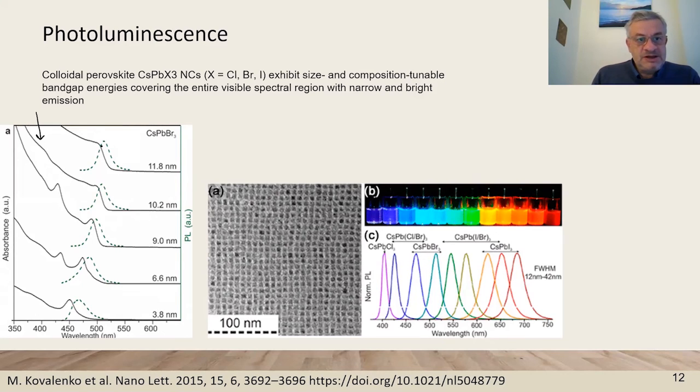By the quantization effect, the light emission is going to move, and we can stimulate the light emission by applying a light of energy significantly larger than the bandgap, and then the semiconductor will emit light. We can see that the light is emitted at the edge of the absorption spectrum.